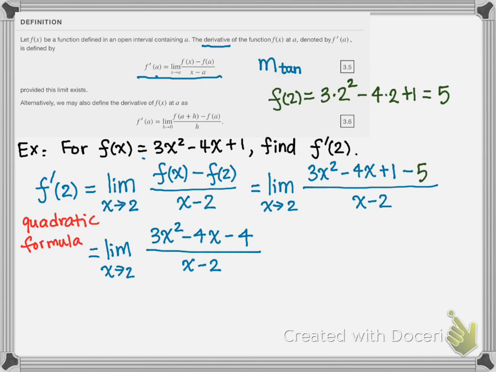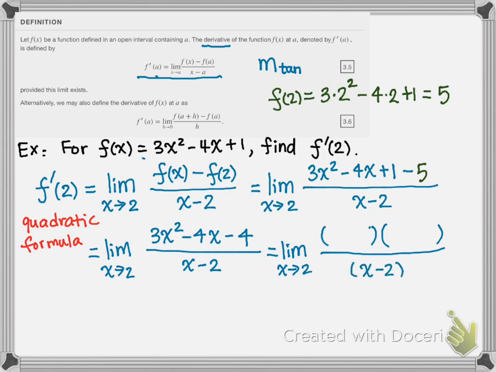It will work all the time. But we know how to factor, so we don't really have to use the quadratic formula and calculate a bunch of numbers and then put it under the square root. Okay, so now we want to factor the numerator, and the denominator is just going to be x minus 2.